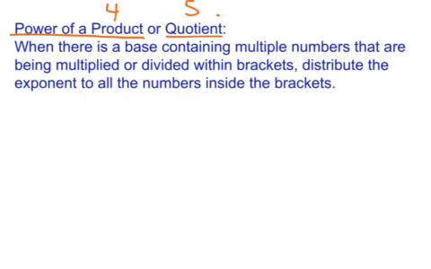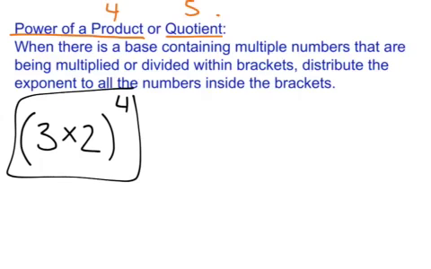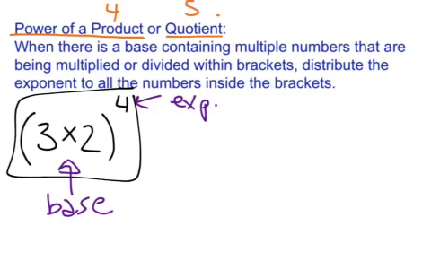Okay, just reading that itself is kind of confusing, so I think it'll make a lot more sense if we look at an example. 3 times 2 to the power of 4. So this is a power where this whole thing, 3 times 2, is the base, and the 4 is the exponent. So now you can see why this law applies to this question, because we have a base that contains multiple numbers, there's a 3 and a 2, and they're being multiplied together within brackets.